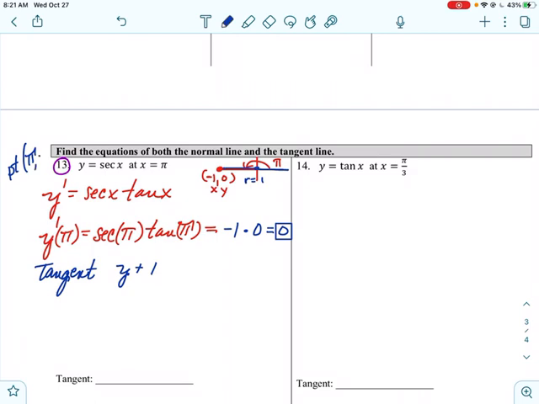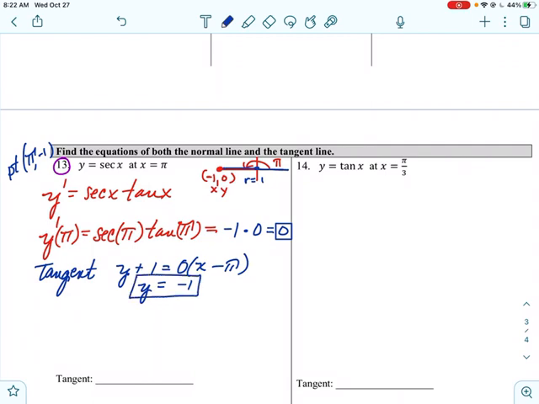So at pi, negative 1, we would have y plus 1 is equal to 0 times the quantity x minus pi. So we just get y is equal to negative 1. There's the tangent line.